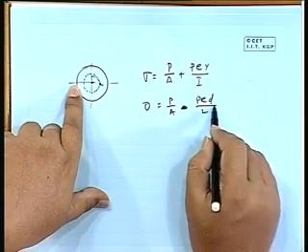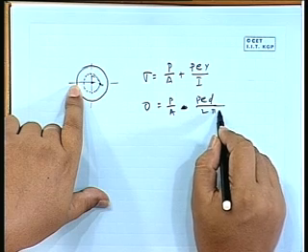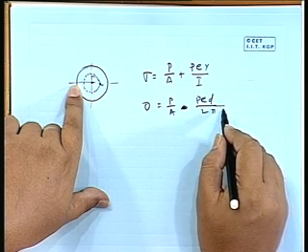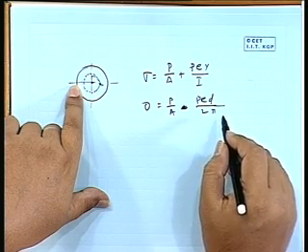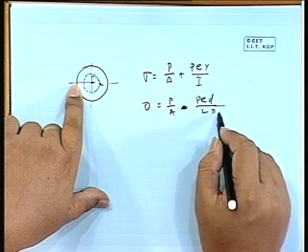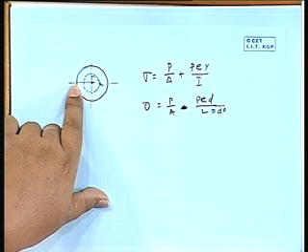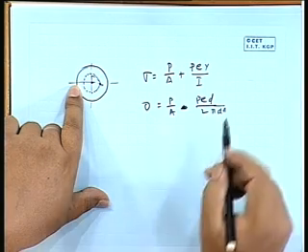And I will be how much? It will be pi r to the power 4 divided by 4, or in the form of D, D to the power 4 divided by 64.